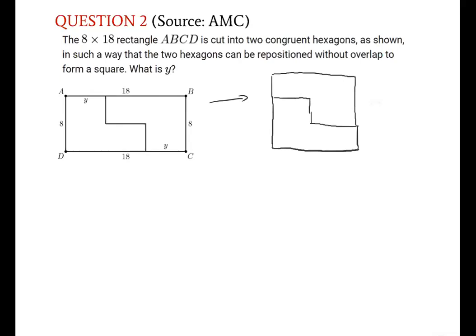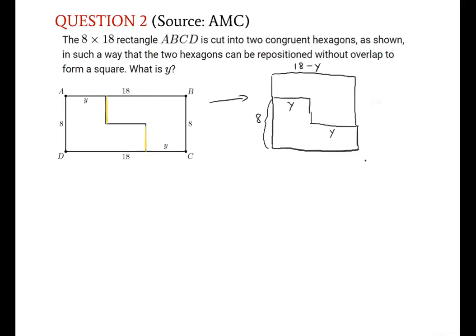In this picture, we know that this length is 8, and this is y, and this is also y, and this is 18 minus y. So we want to know what these 2 things are.